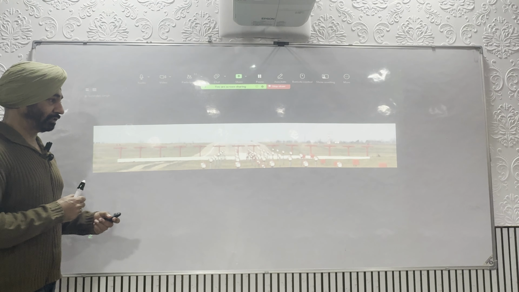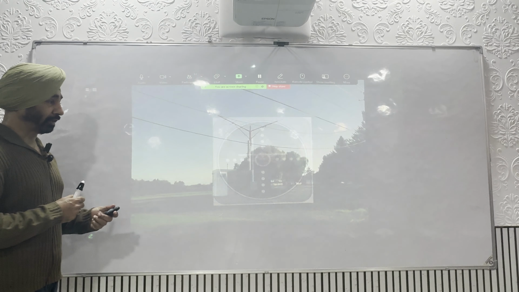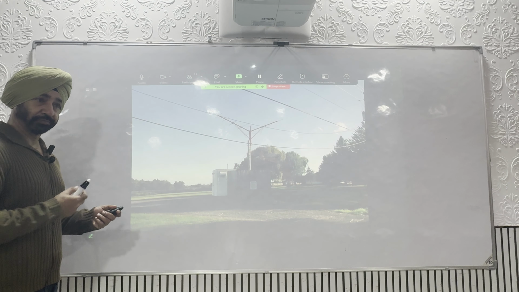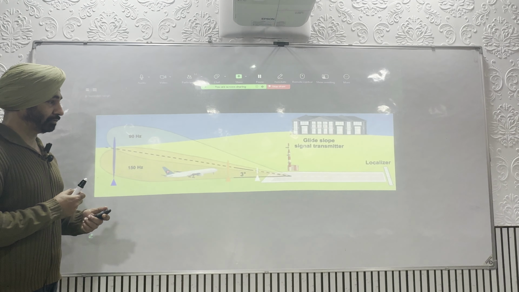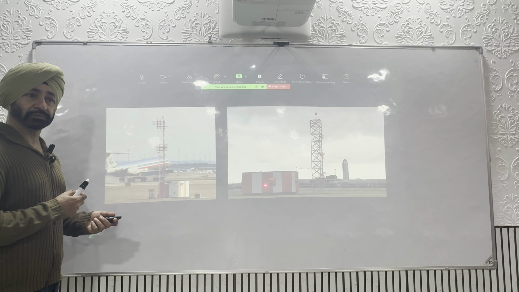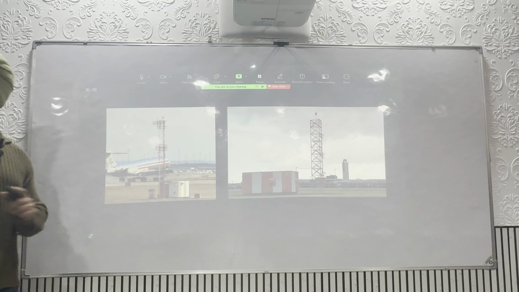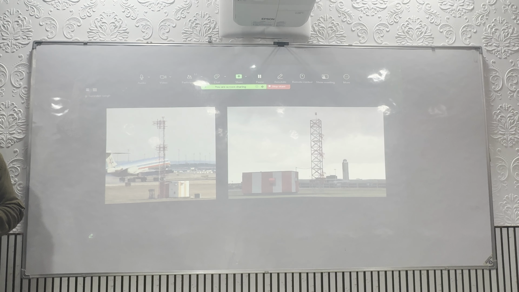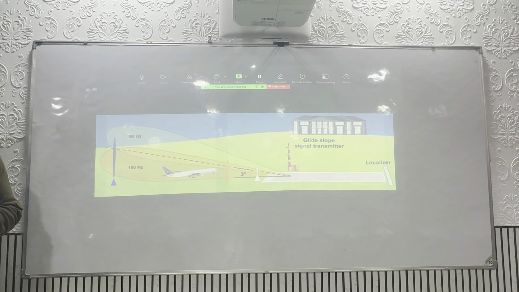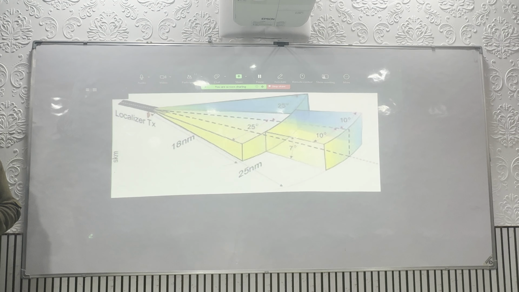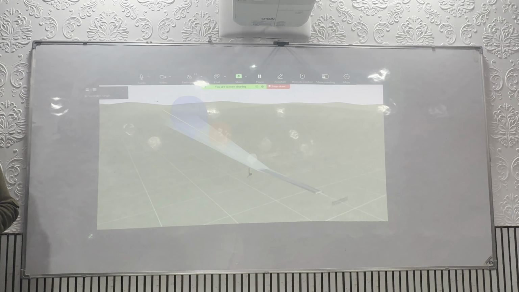So we have a localizer antenna, you have a marker beacon which is transmitting vertically up like this, and then you have the glide slope also, that is your aiming point, touchdown. Next to that, on the side of the runway, this antenna is. So there are 3 components: glide slope, localizer and marker beacon.